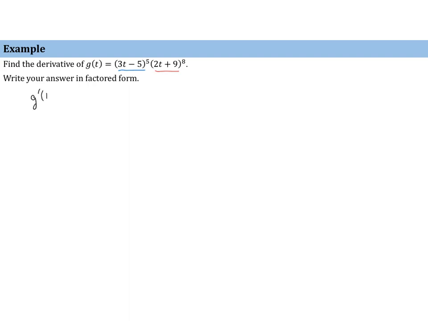So g prime of t will equal the derivative of the first times the second plus the first times the derivative of the second. So this is just an application of the product rule.